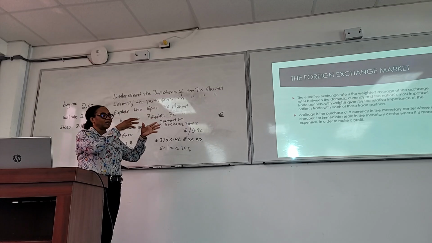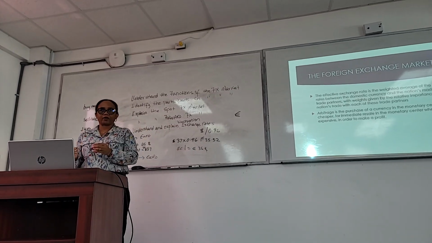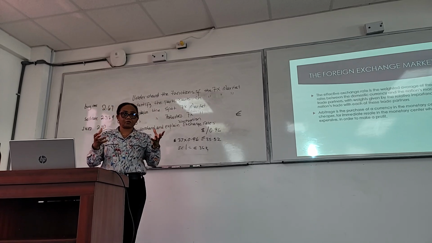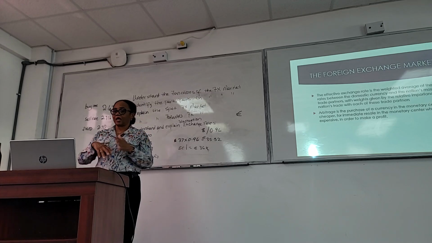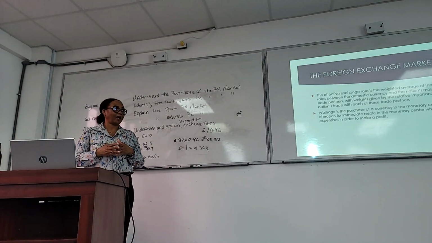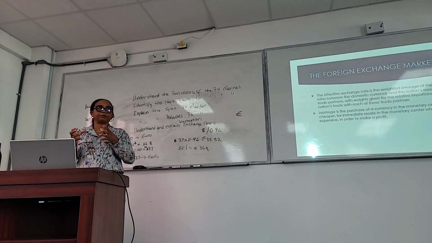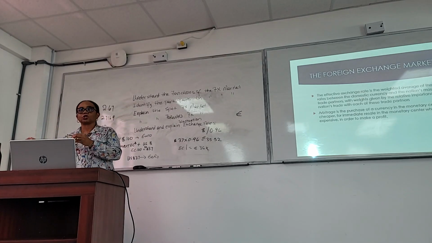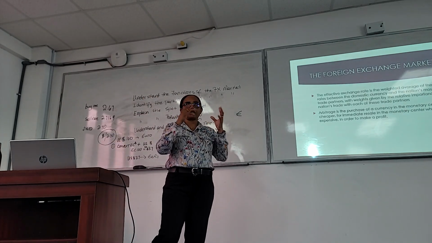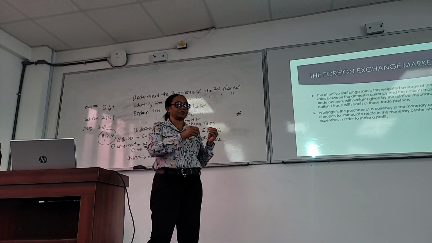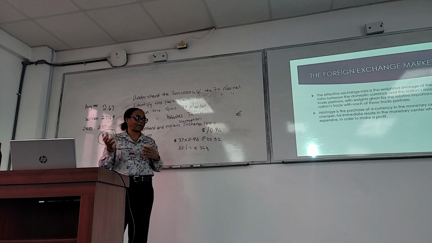So, where this arbitrage occurs, you can purchase a currency at a cheaper rate and sell it at a higher rate, so you make a profit. There are arbitrageurs in the foreign exchange market who look to purchase a currency at a lower rate and sell it at a higher rate.